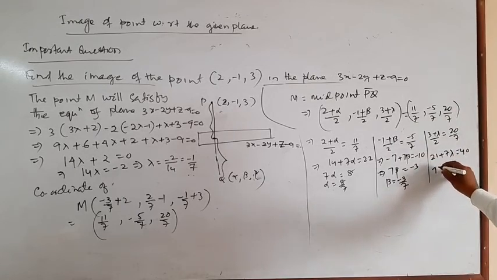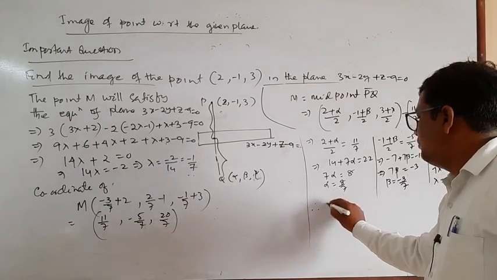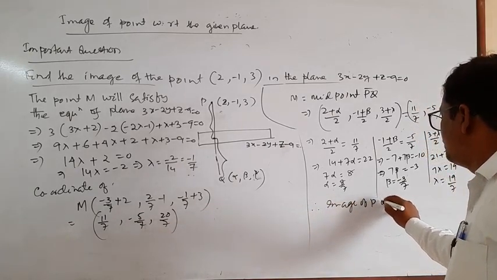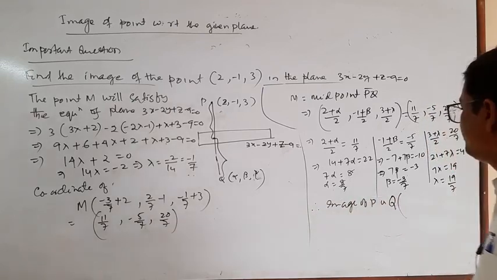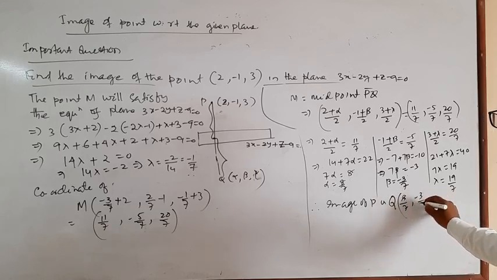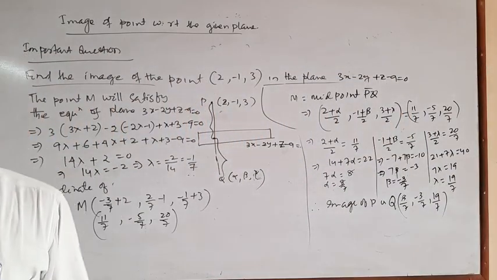So 7 gamma is equal to 19, so gamma is equal to 19 by 7. Therefore the image of P is Q of 8 by 7, minus 3 by 7, 19 by 7.